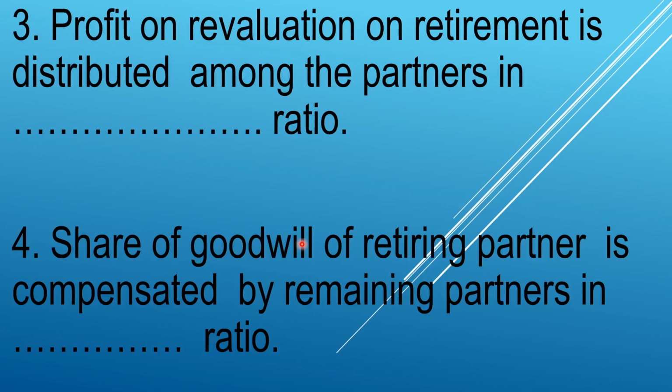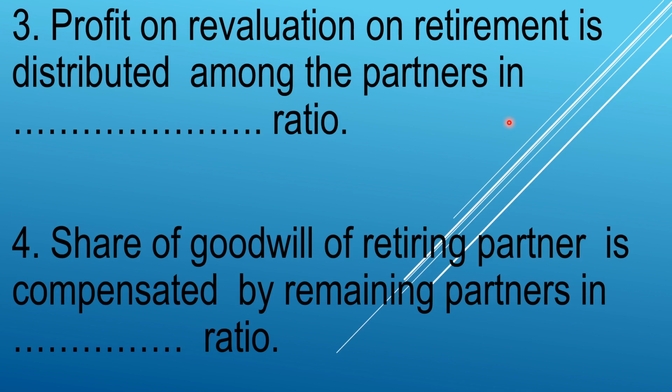Now that is third question. Profit on revaluation at retirement is distributed among the partners in dash ratio. We know in case of retirement there are three ratios. Number 1, old ratio. Number 2, new ratio. And number 3, gaining ratio.